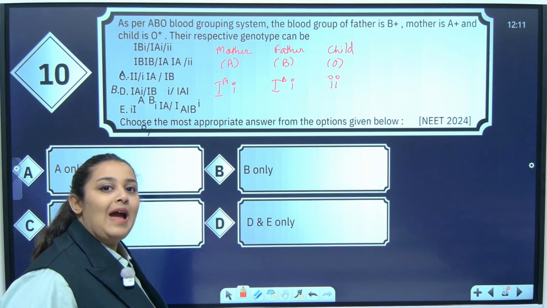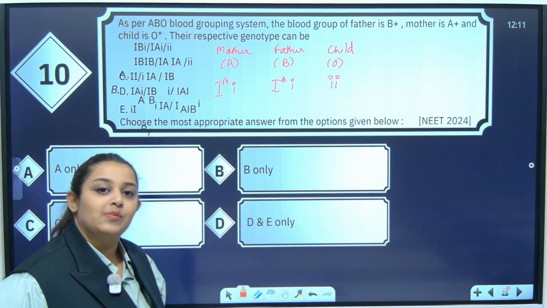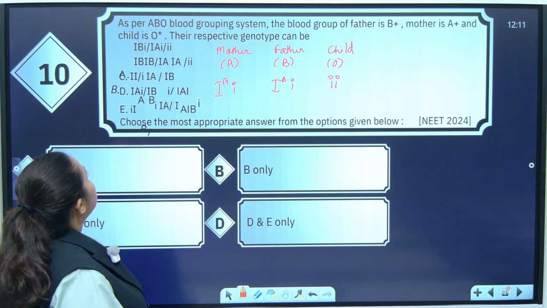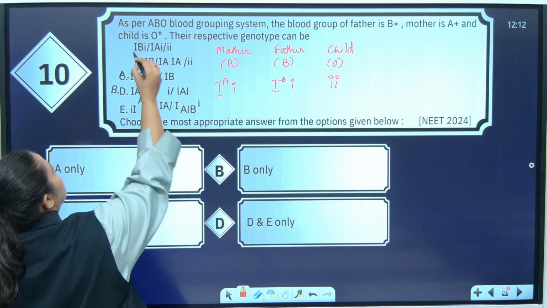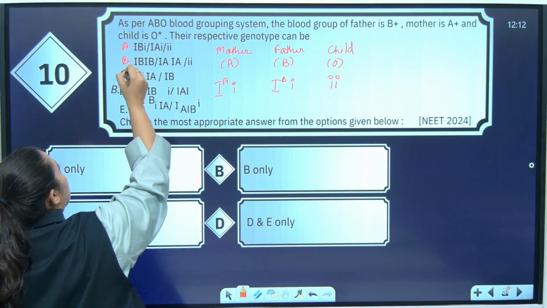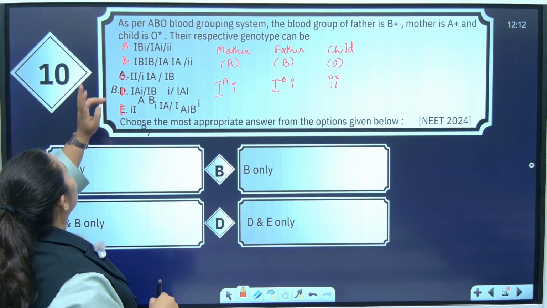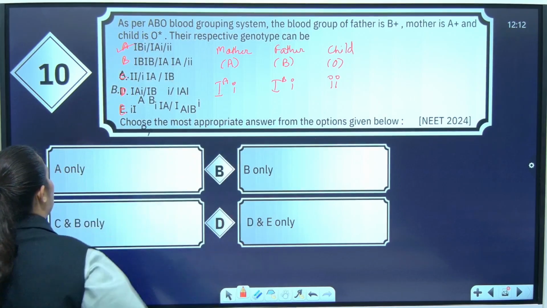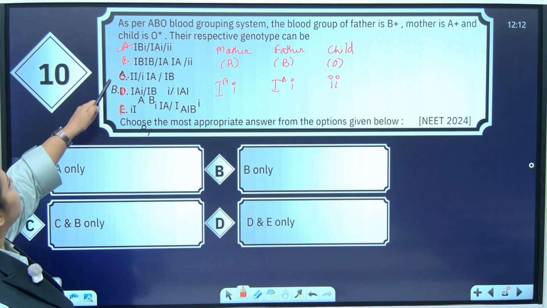Whenever you have an O blood group, specifically of the child, then only these genotypes are possible. Let's see which option we have. I'll make it easy for you. The last one is E. It is A, B, C, D, and E over here. IB, IA, double i. Option A is correct. Let's still go for the others.